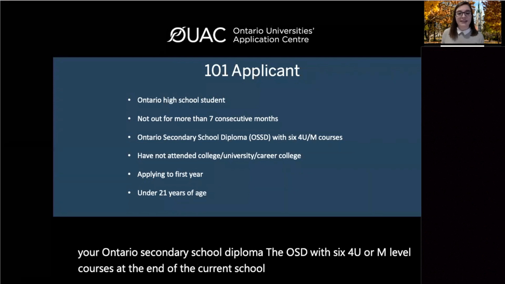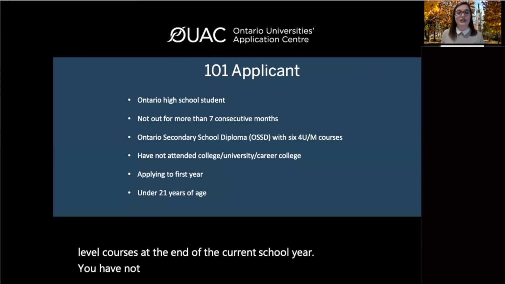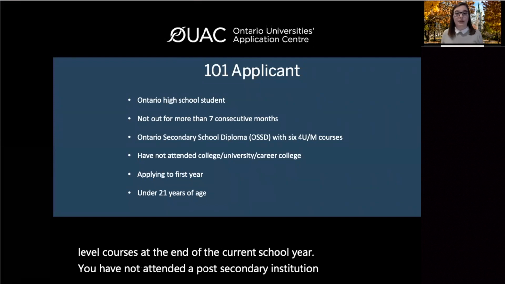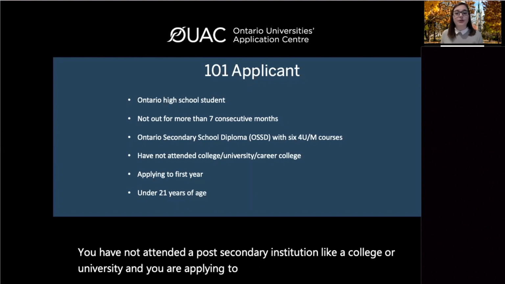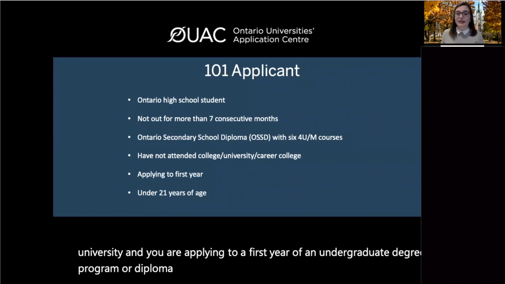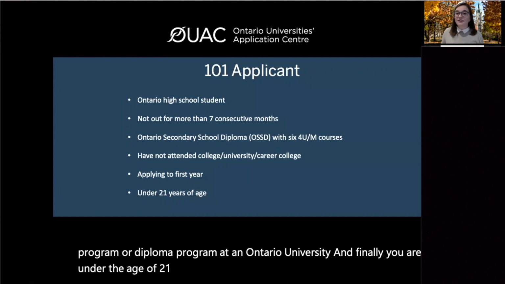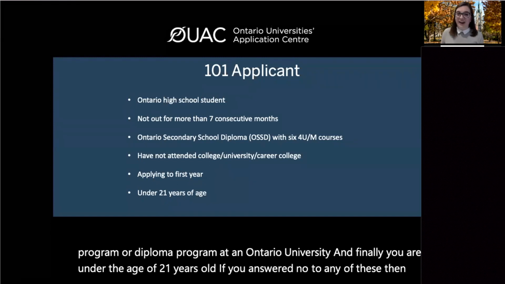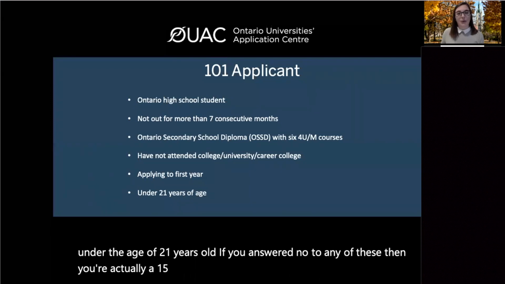You have not attended a post-secondary institution like a college or a university, and you are applying to a first year of an undergraduate degree program or diploma program at an Ontario university, and finally, you are under the age of 21 years old. If you answered no to any of these, then you're actually a 105 applicant, and that is totally okay.